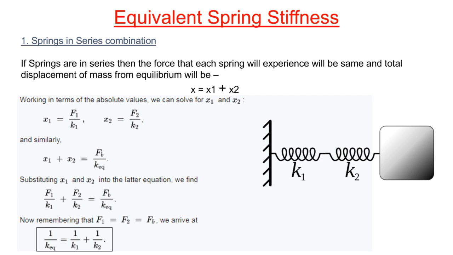If you attach one mass to these two springs in series, displace this mass and let it vibrate longitudinally, then springs K1 and K2 will experience the same force, and the total displacement of the mass from equilibrium will be x1 plus x2, that is, displacement of spring 1 plus displacement of spring 2 equals the total displacement x. This is regarding springs in series.